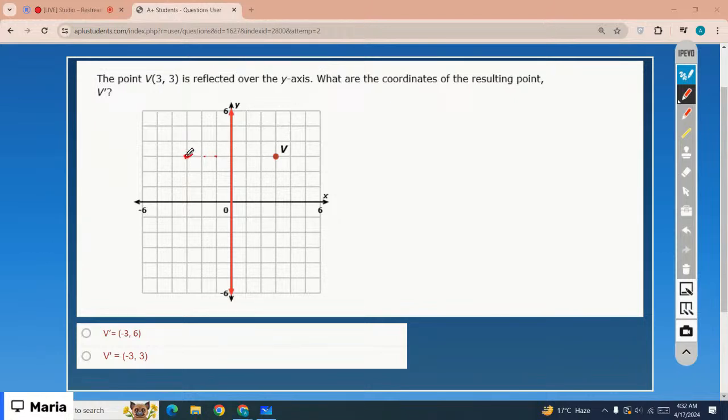So that is exactly this point, right? So it has the coordinates negative 3 and 3. So option 2 is the correct option. Got it? The correct option is negative 3 and 3. Option 2 is the correct option.